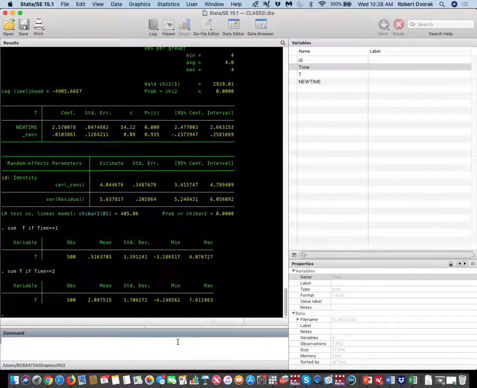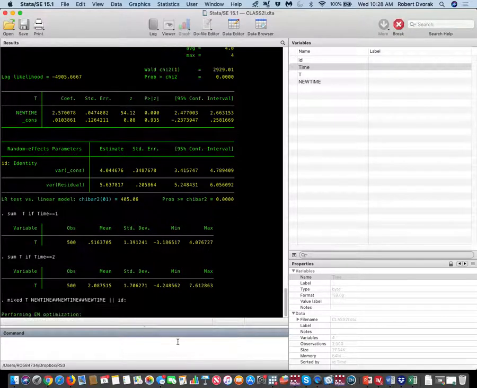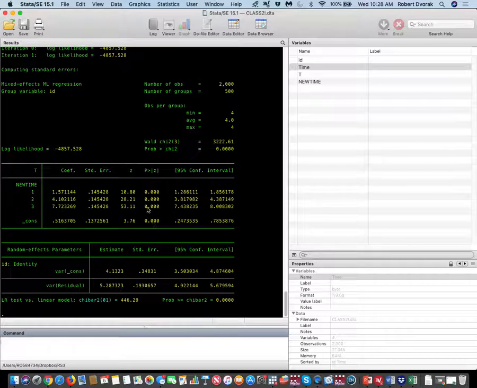We could test it kind of like this in Stata. We could just go mixed, new time. Let's see what Stata says about this. Stata will converge.